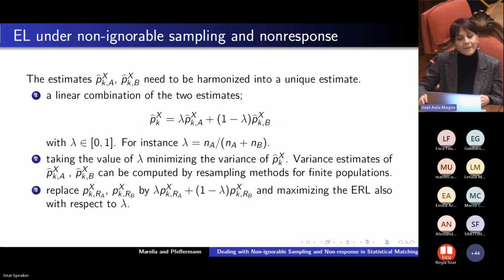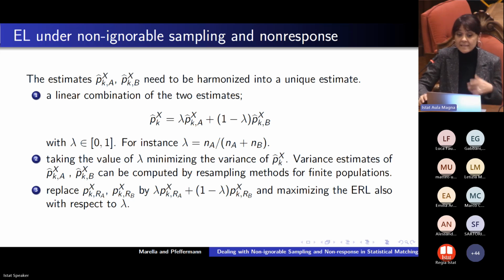The first one, we can consider a linear combination of the two estimates obtained from A and B respectively, where the coefficient lambda is a coefficient in [0, 1]. For instance, a plausible choice is that lambda is given by the ratio between the sample size of A over the sum of the sample sizes of A and B.